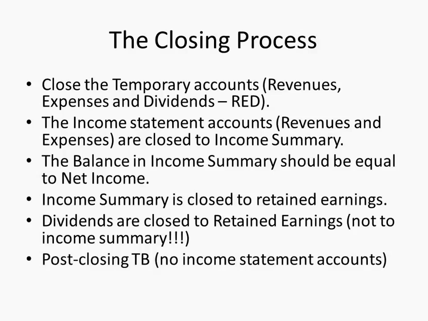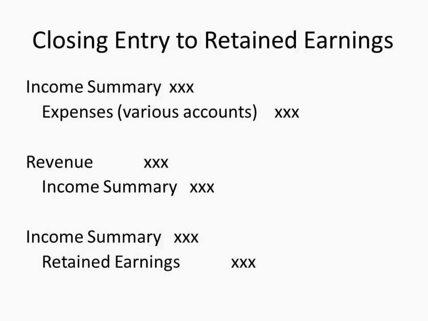So I have some journal entries here we would make. When you close your revenues and expenses into income summary, expenses normally have what kind of balance, debit or credit? Debit. So when you close them out to 0, what do you have to do? Credit them, which means the other side of the entry is income summary. So income summary now has a debit balance, which represents the expenses. That makes sense, because expenses normally have a debit balance. Revenues normally have what kind of balance?